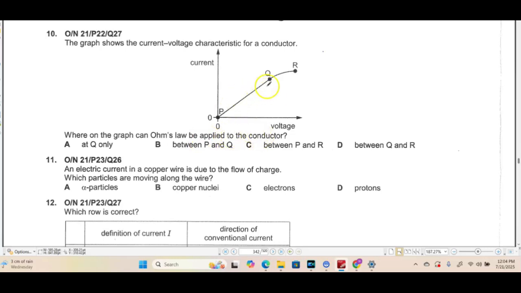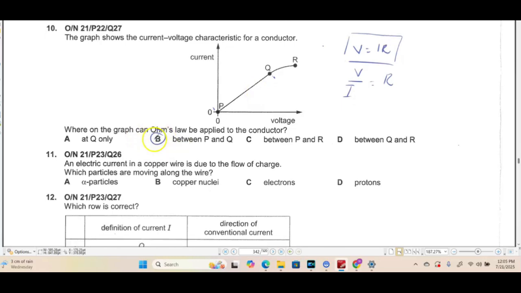Ohm's law states that V is equal to IR, so resistance is equal to V over I. So up until this point, where the graph gives you a straight line, Ohm's law will be applied to the conductor. So that is going to be between P and Q.